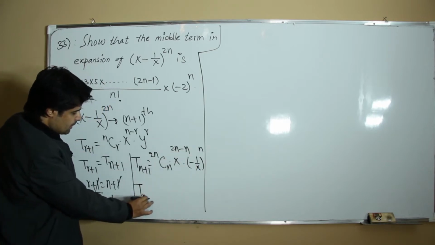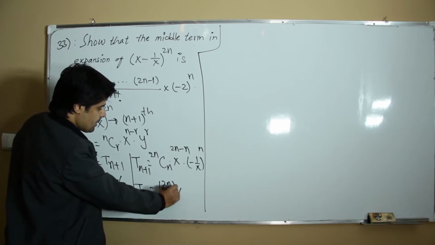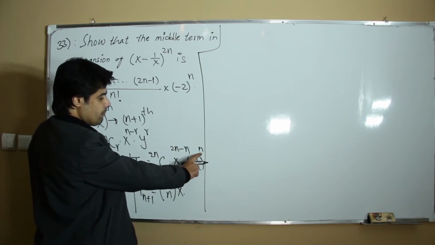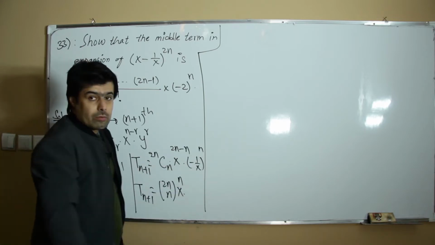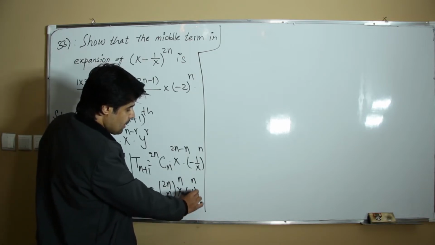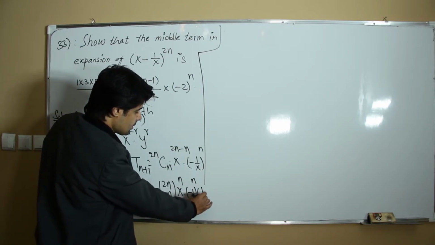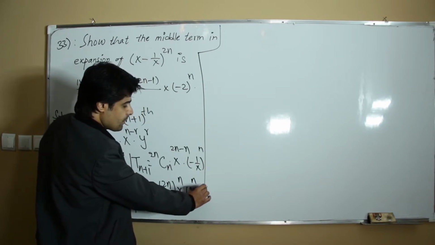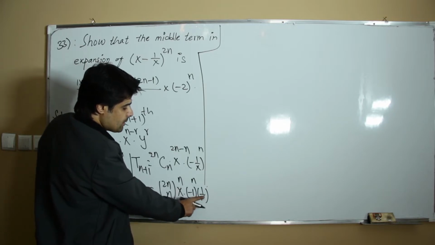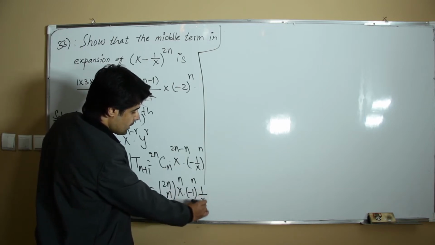Now T n plus 1 is, this one means 2n C n, x to the power 2n minus n, it's n, and this power n belongs to both minus 1 and x. So we can write minus 1 raised to the power n and 1 divided by x raised to the power n. Minus 1 to the power n stays, and this one is x to the power n, so we can write 1 over x to the power n.